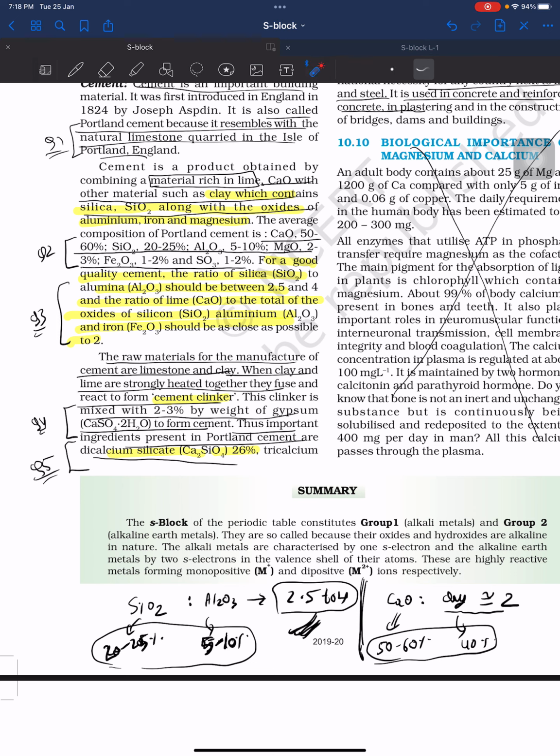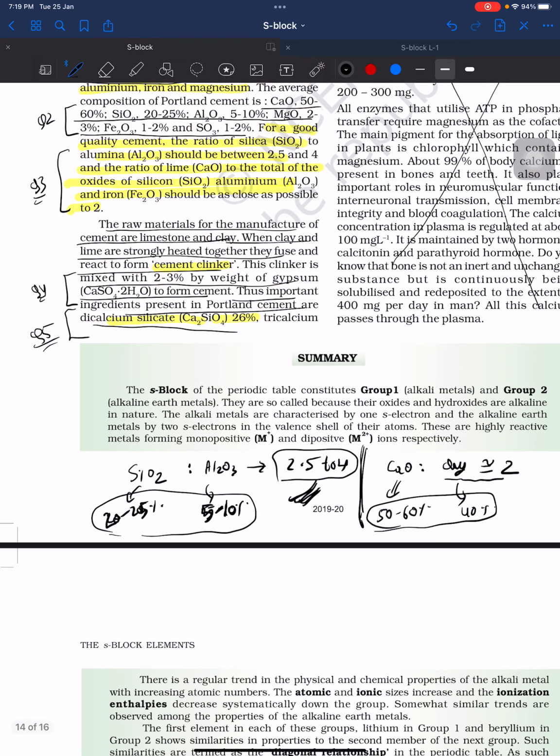All right. The raw materials for the manufacture of cement are limestone and clay. When the clay and limestone are strongly heated together, they fuse and react to form cement clinker. So what are the raw materials for this cement? Basically clay and limestone.